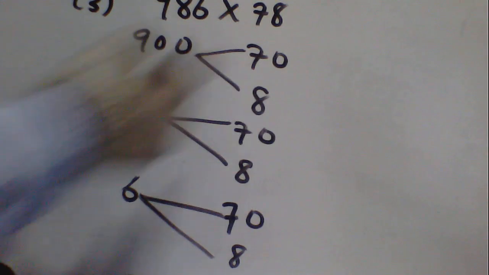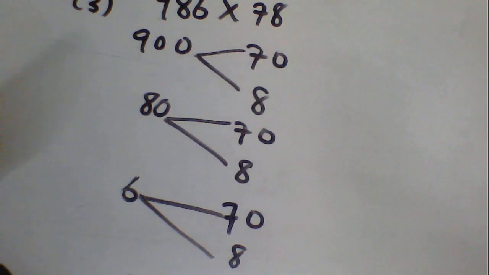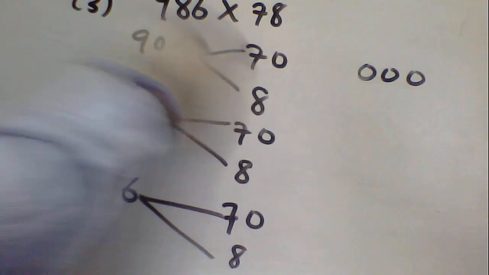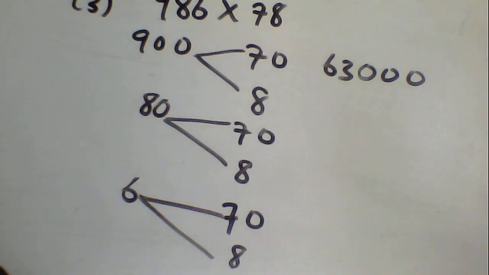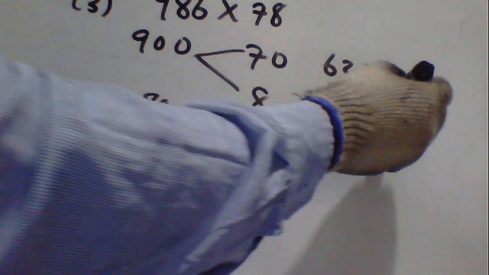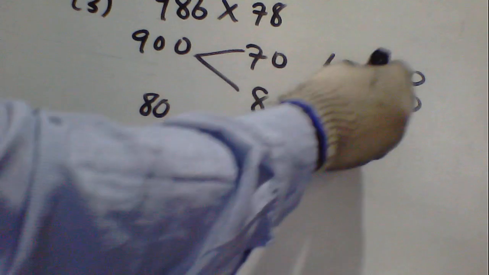So let's begin. 1, 2, 3, 4, 5, 6. So 900 times 70, how many zeros? We have 3 zeros. 7 times 9 will give us 63. You see, you only multiply the numbers and just add zeros, which is very easy. This is 2 zeros, so I add 2 zeros at the back. 9 times 8 will give us 72.